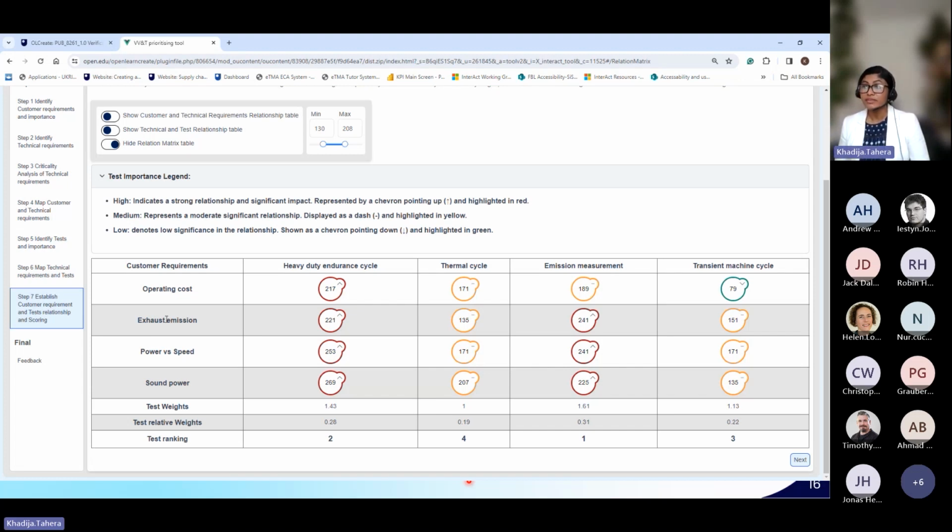Also, if you find during the analysis that none of the tests are helping me prove that I have the sound power, which was very important from my customer's point of view, but I'm not designing any test, not the case here of course. But if the value was zero, nearly zero, or very low, that means I'm not doing enough to prove that I'm going to deliver this.